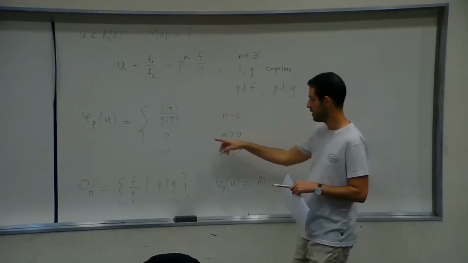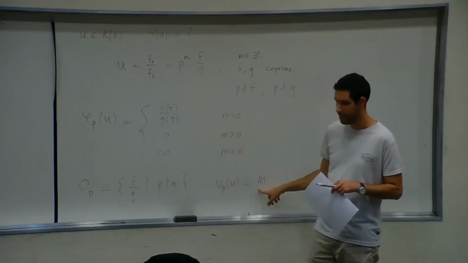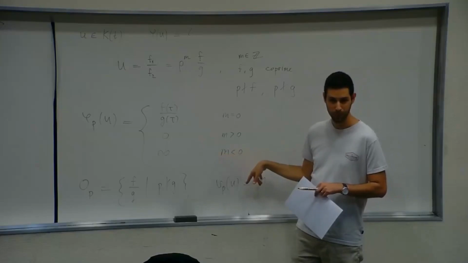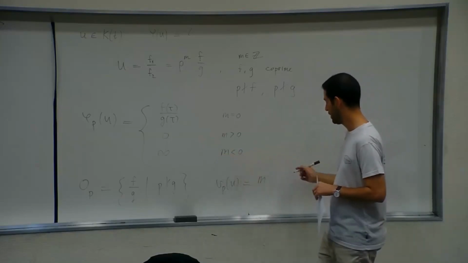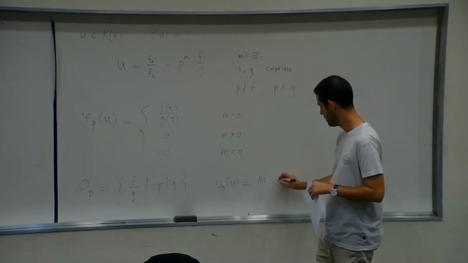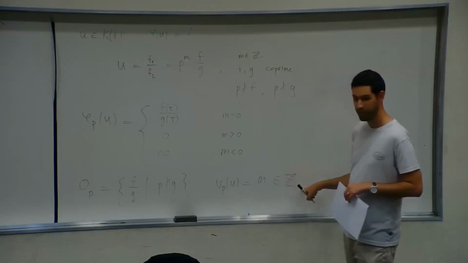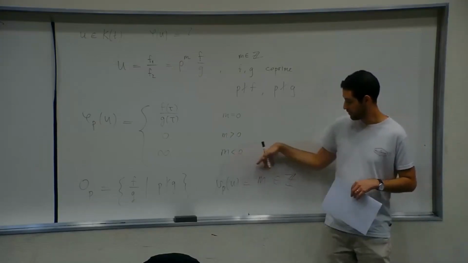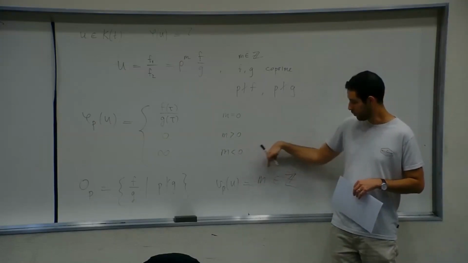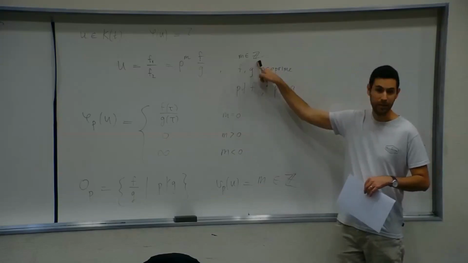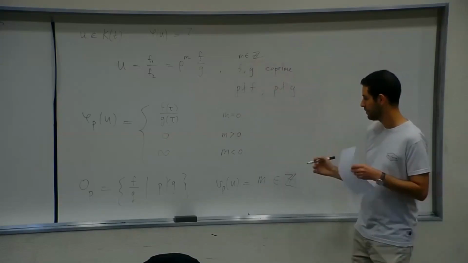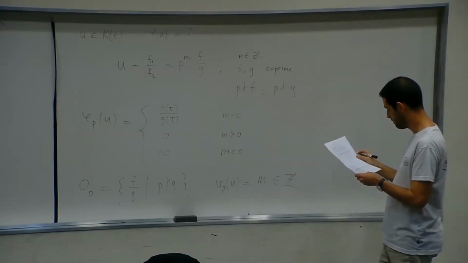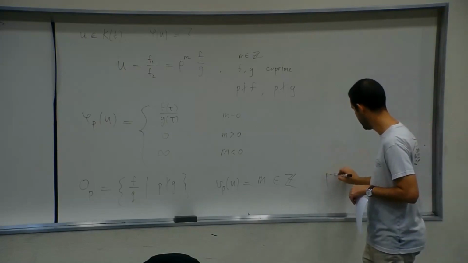If m is positive, then it has a zero of multiplicity m. If m is negative, it has a pole of multiplicity minus m. In particular, the valuation is discrete, because the value group is the integers. Okay. So this is almost all the places, and this is called the p-adic valuation.